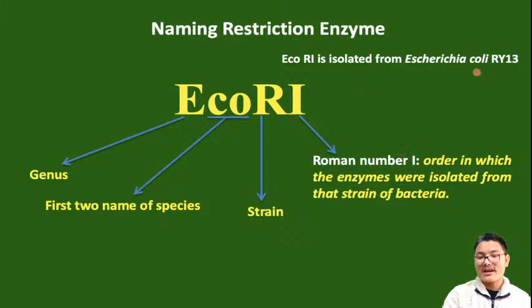That's why we are representing the last letter as 1, Roman numeral 1. So Roman number 1 is representing the order in which the enzyme was isolated from the strain of the bacteria, that is E. coli. So from E. coli RY13, we have isolated Eco R1 as the first restriction enzyme. So this is how we are naming the restriction enzymes.